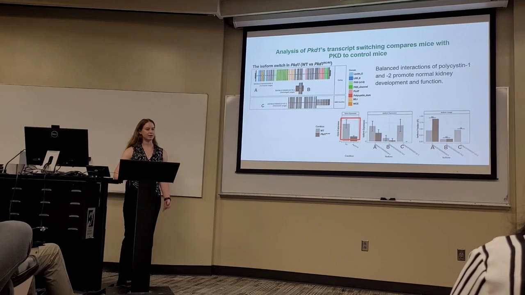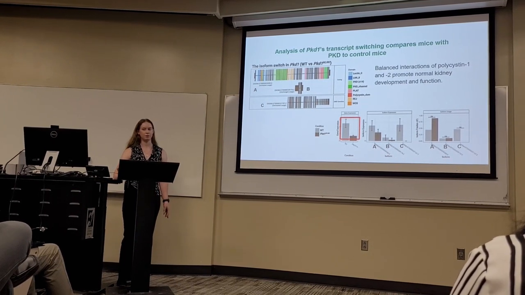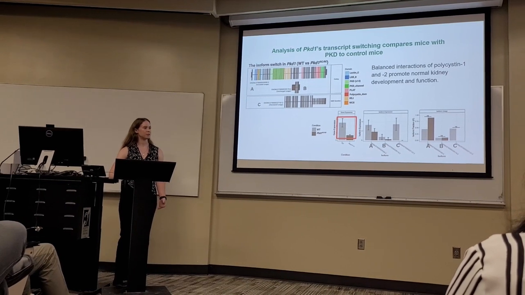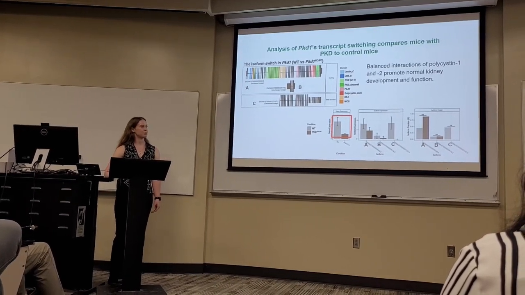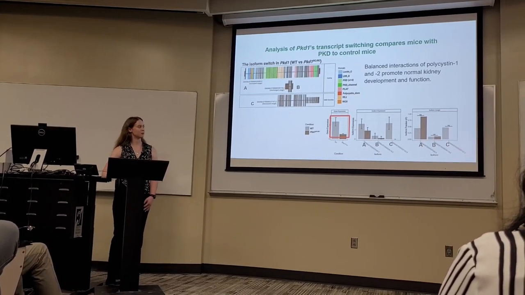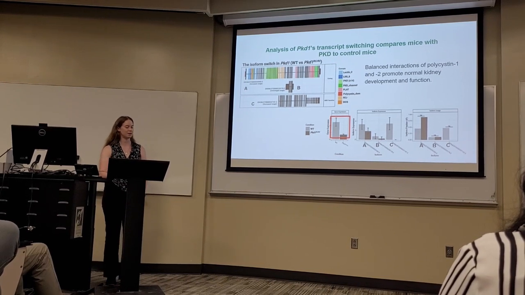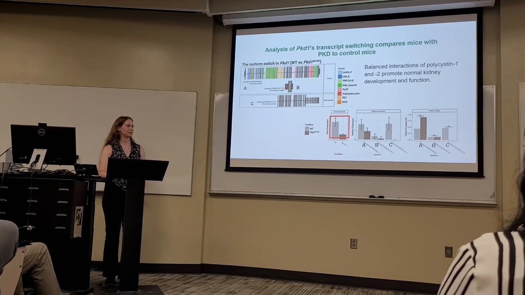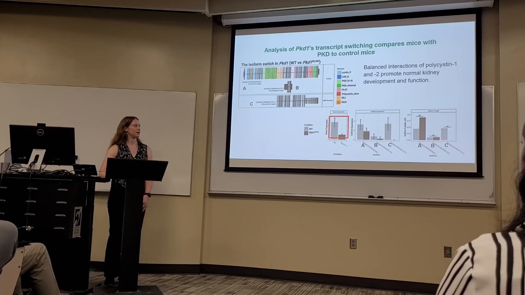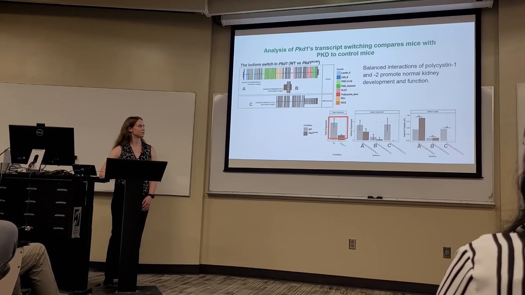Because the kidneys rely on this balance of polycystin-1 and another protein, polycystin-2, for normal function and development, literature suggests that both an increase or a decrease in this gene expression can cause clinical features of PKD, with more severe imbalances causing more rapid cyst formation. Again, we can also see differential transcript expression and transcript usage in these graphs.